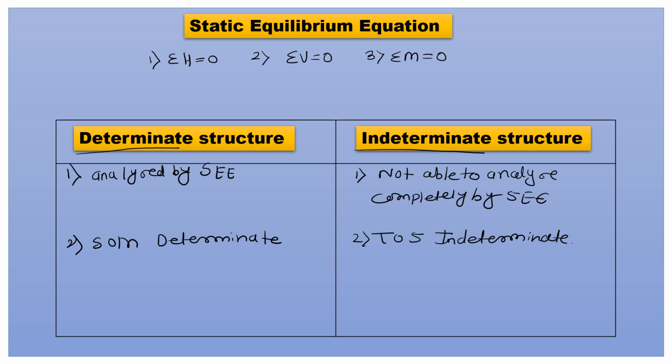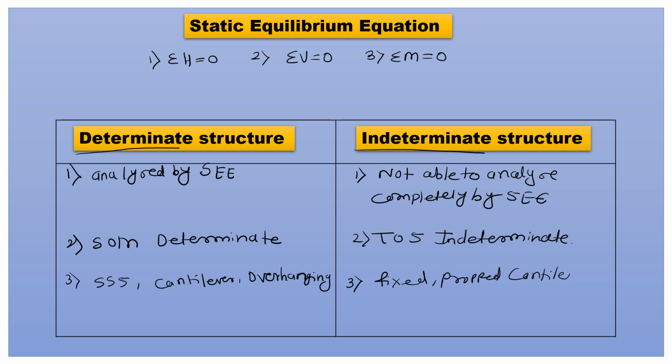Examples of determinate beams are the simply supported beam, the cantilever beam and the overhanging beam. These beams are calculated fully by static equilibrium equations. The indeterminate ones are the fixed beam, the propped cantilever beam, and the continuous beam.